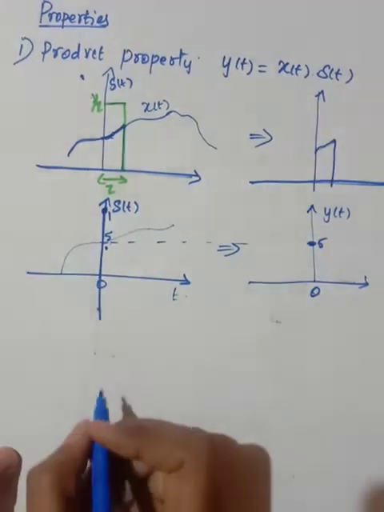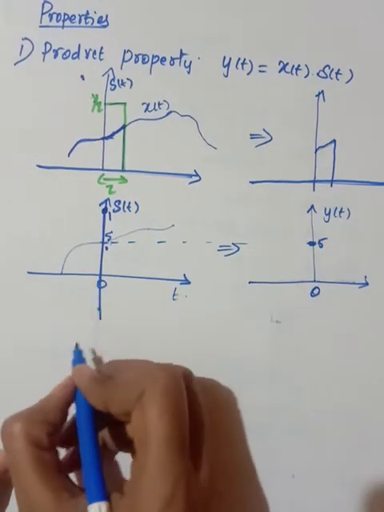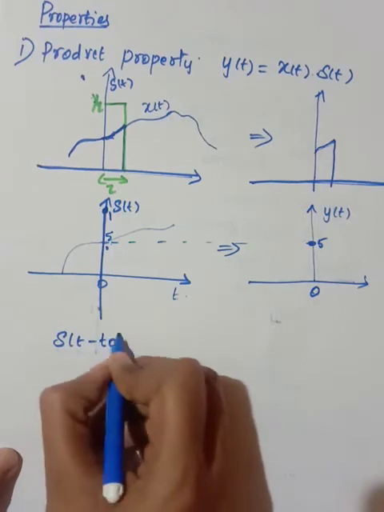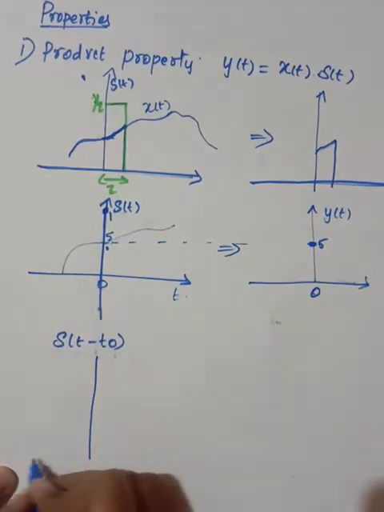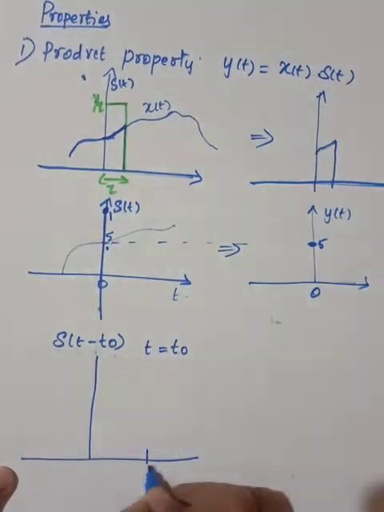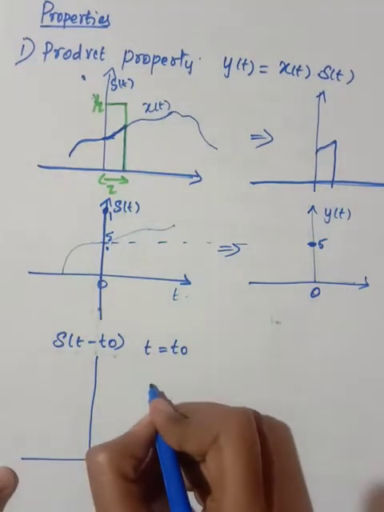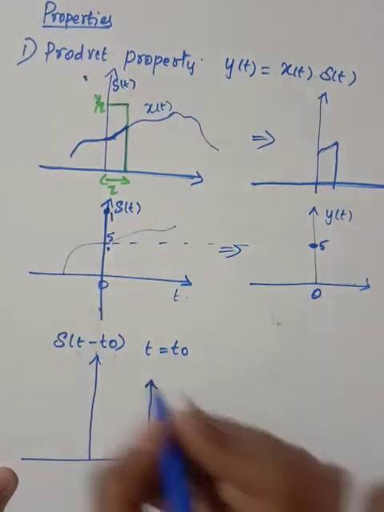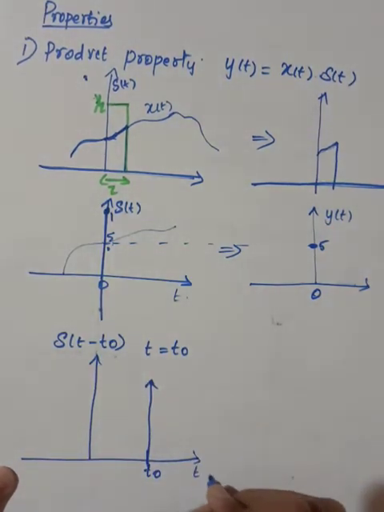Now this impulse can also be shifted. If I want to perform t minus t naught, consider this is t equal to t naught. At t naught, somewhere else, I will have the impulse, so I will have this peak. This is delta of t minus t naught, and this is t.